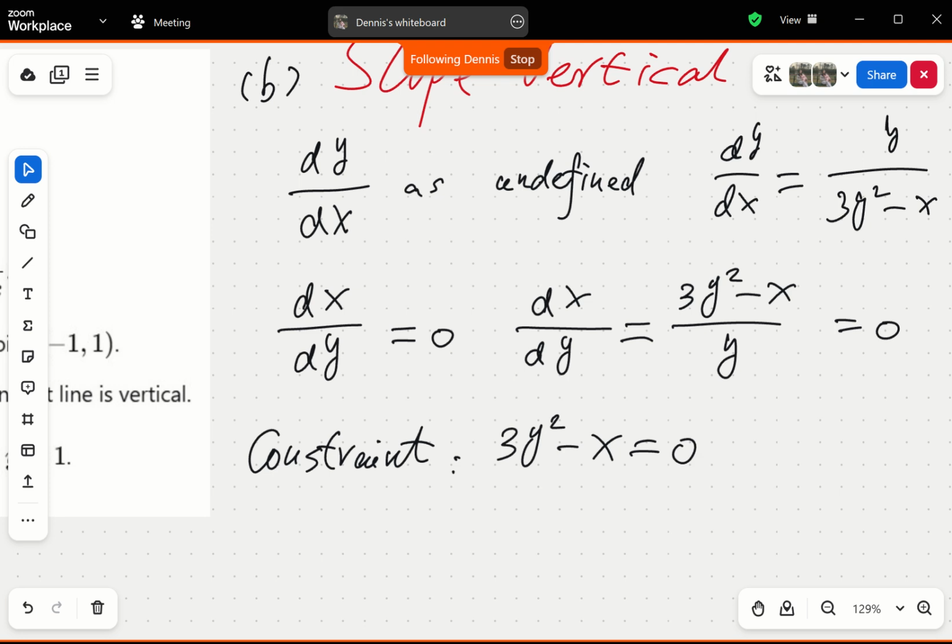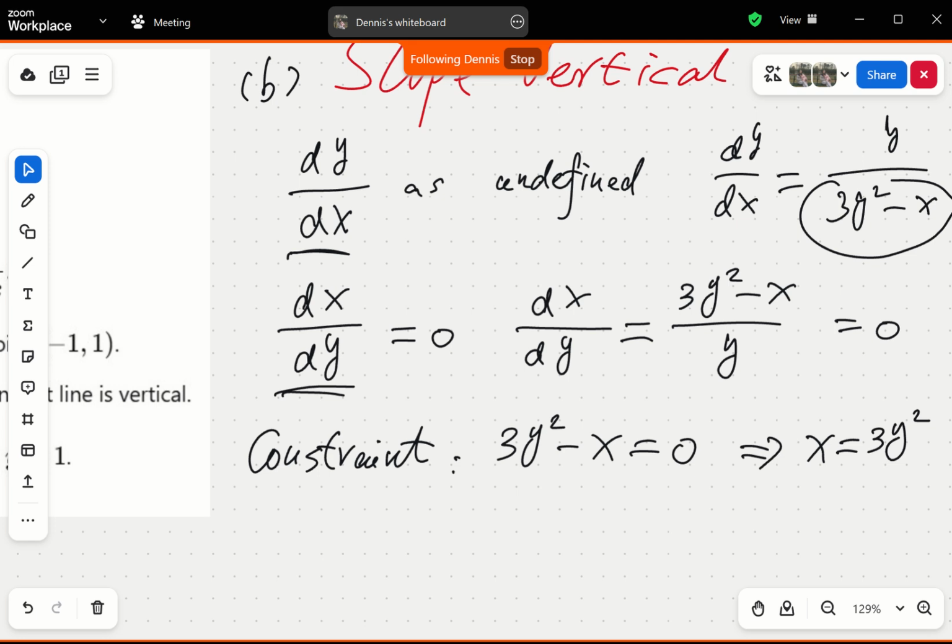So dx/dy would equal 0, or you can say dy/dx is undefined, because in this case the denominator of dy/dx is 0. So we can easily solve that for x = 3y^2.